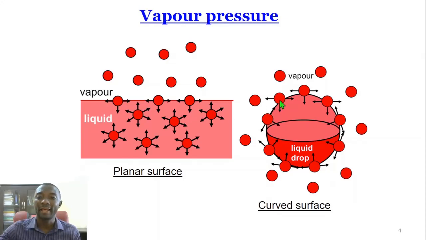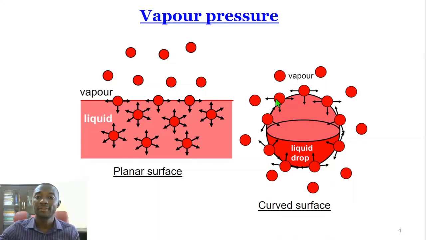If you compare that with the liquid drop, the arrows are rather pointing randomly. That's to say that the interaction of the molecules around the drop surface is less than the interaction between molecules at the surface of the flat liquid surface.